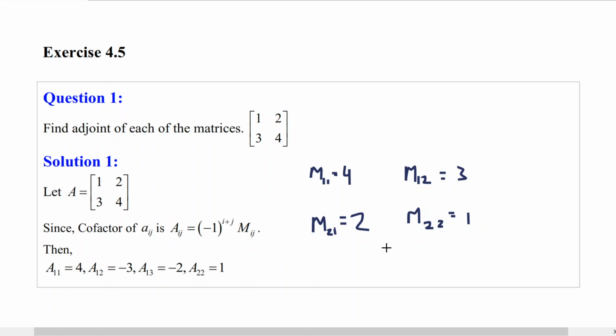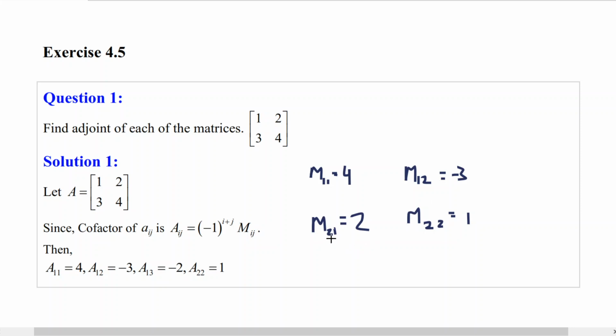Once you have got these minors, how to find cofactors? Very easy. If the sum of these numbers is even, the cofactor will be same as the minor. And if the sum of these numbers is odd, the cofactor will have opposite sign. That is, the cofactor 12 will be minus 3. So minor 12 is 3, but cofactor 12 will be minus 3.